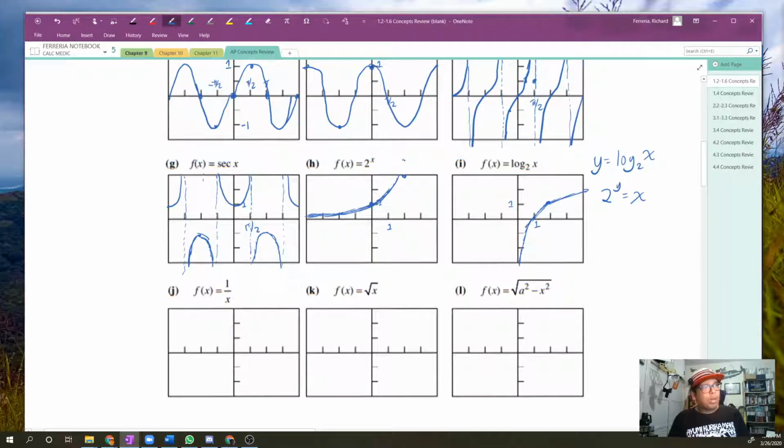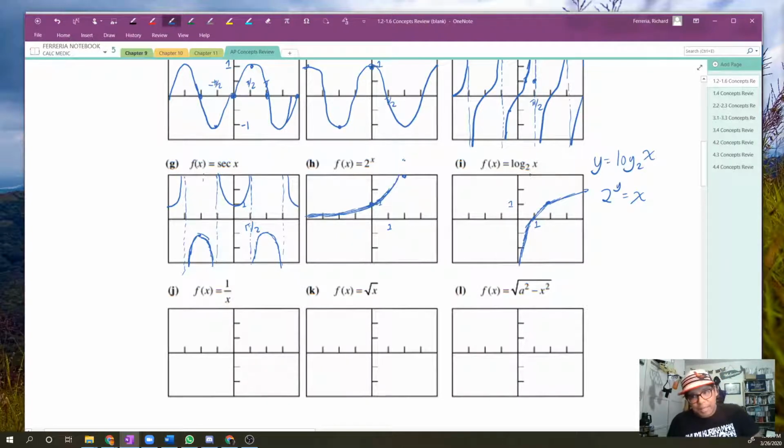Remember, for all logarithmic functions, the domain is from 0 to positive infinity, non-inclusive of 0, of course. The range is from negative infinity to positive infinity. It'll get there, but it'll get there really slow.